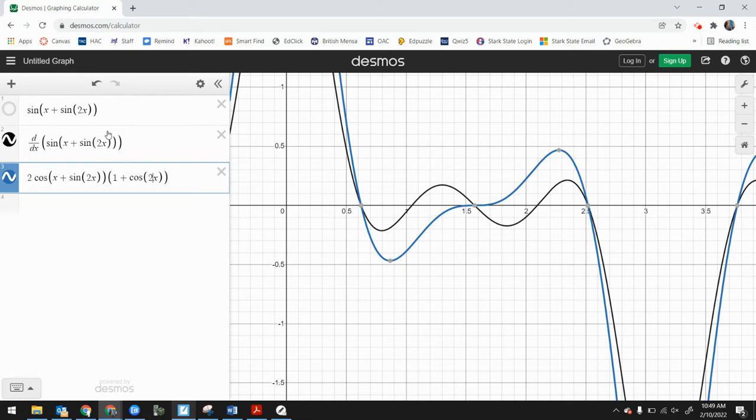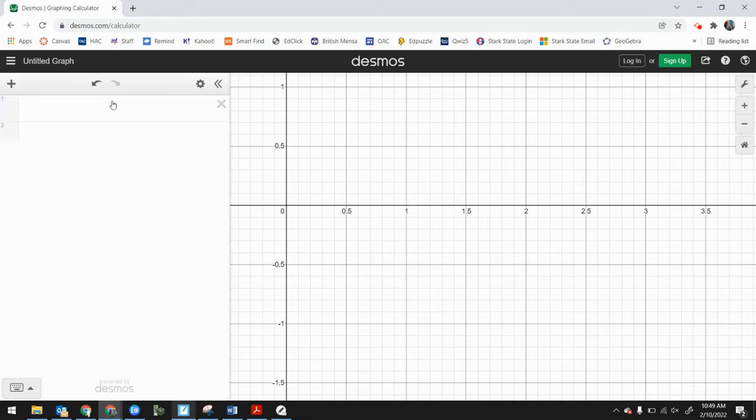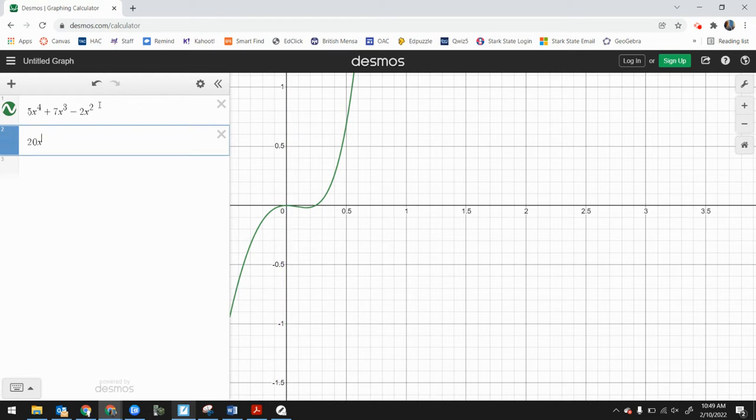If you're ever calculating a derivative and you're like, this is not right, I don't know what I'm doing, I'll show you a really easy example. Say I have 5x to the 4th plus 7x to the 3rd minus 2x to the 2nd. There's my original. What's the derivative of that? 20x to the 3rd plus 21x squared minus 4x.